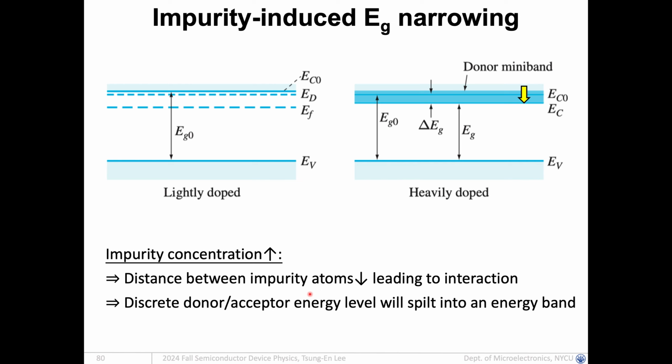Then it splits into energy bands in the periodic potential well from the donors' contribution, and this splitting makes the conduction band energy lower. So we call it impurity-induced band gap narrowing, because the conduction band splits into more bands and becomes lower.